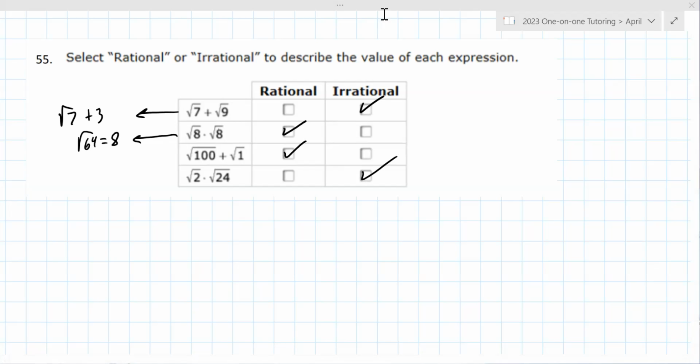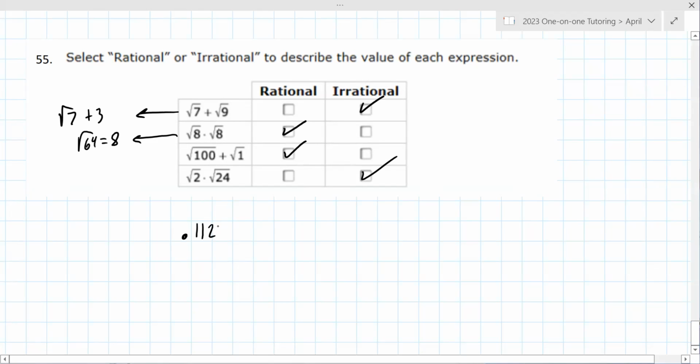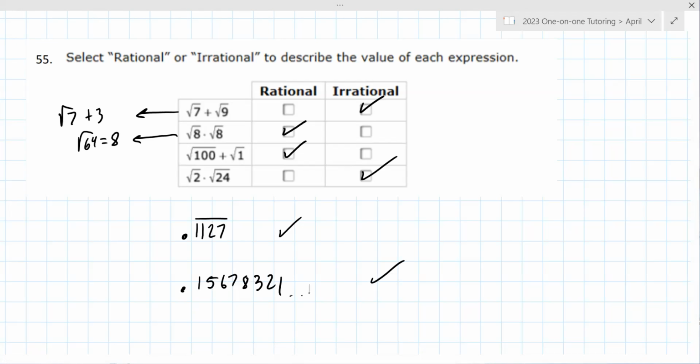Sometimes they give you fractions, or they'll list them as decimals, like 0.1127, and that's rational. But if it's a sequence we don't know, that's irrational. All right, very good.